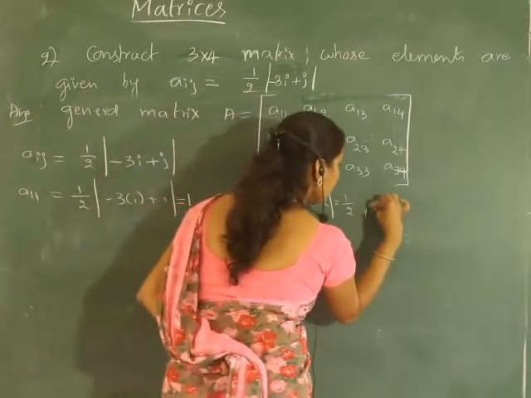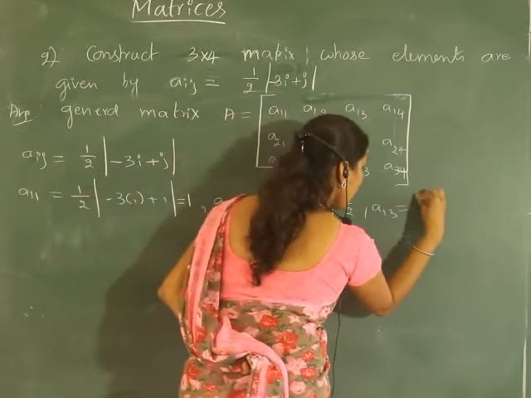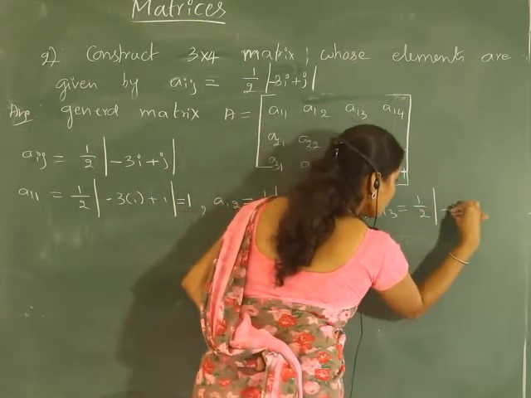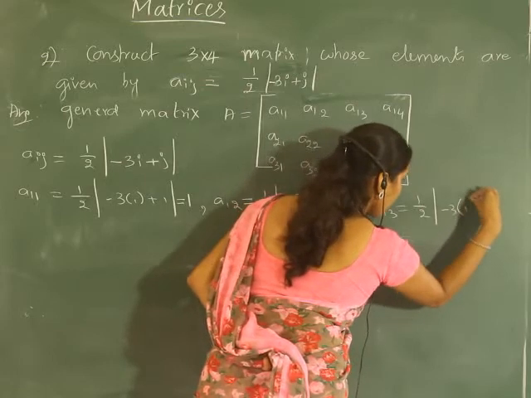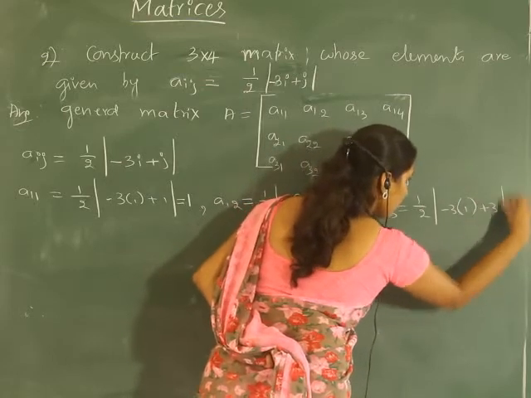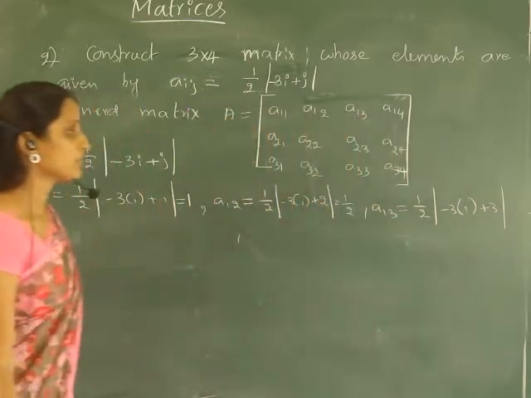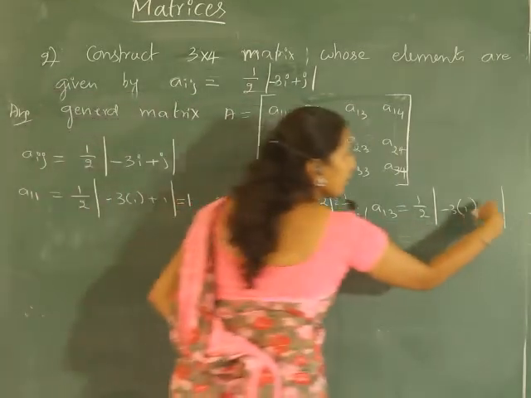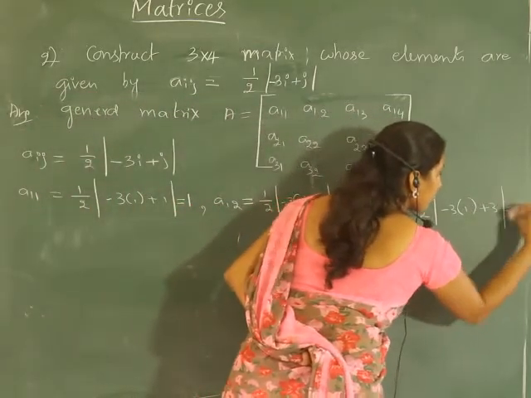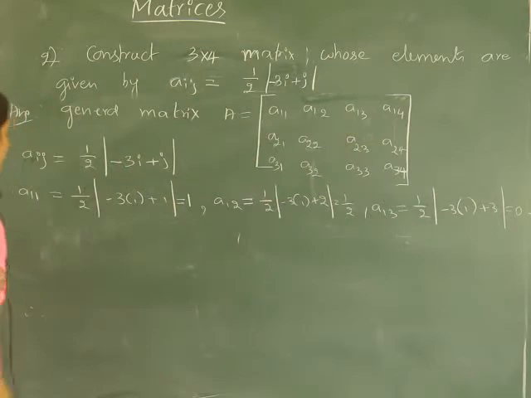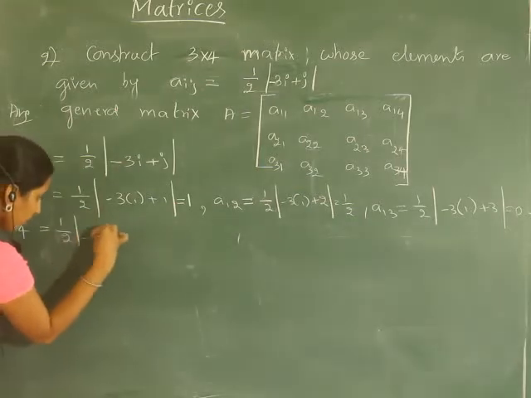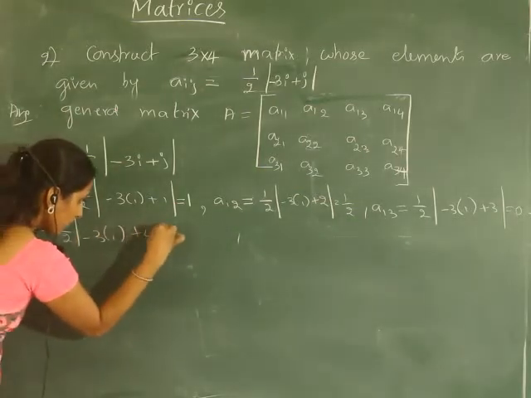Next A13 will be half into modulus of minus 3 into 1 plus 3. So minus 3 plus 3 will be 0. So it will be 0. Next A14, half into modulus of minus 3 into 1 plus 4.